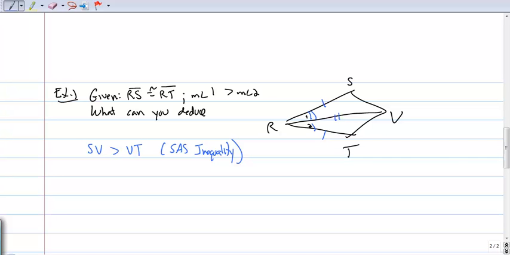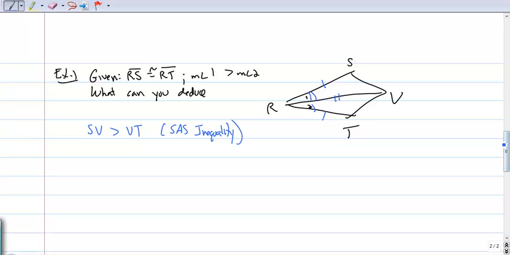Notice that when we talk about the SAS inequality theorem, we're working with two sides and we're given information about the included angle. Unlike the SSS inequality theorem, where we have our two sides and we're given information about the third side. Let's do one more. Example 2.